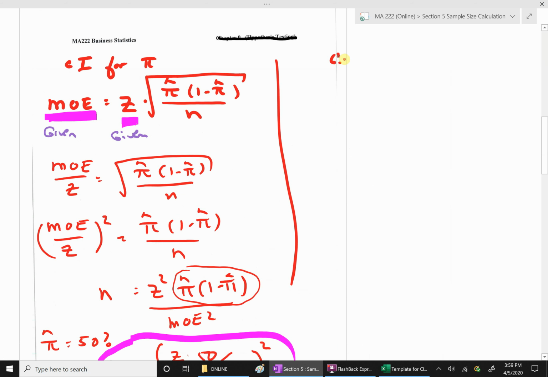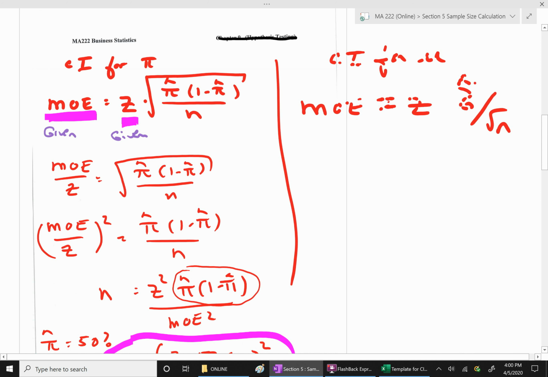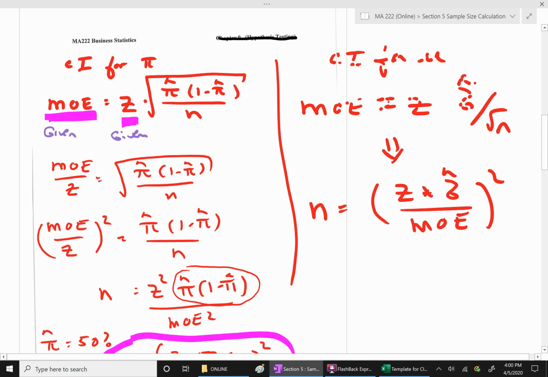So if we were doing a confidence interval for mu, our margin of error is equal to our z-score times the estimated standard deviation divided by the square root of n. And when you solve for n, you go through all the fancy algebra and whatnot. You get the z-score times the estimated standard deviation divided by the margin of error squared.